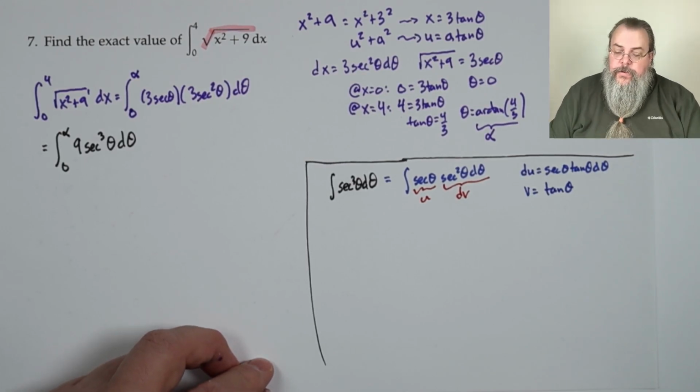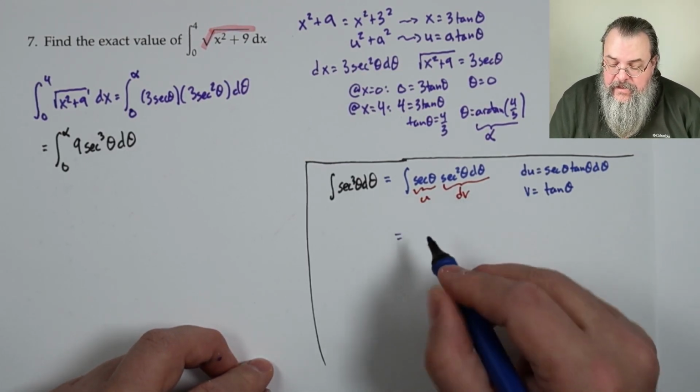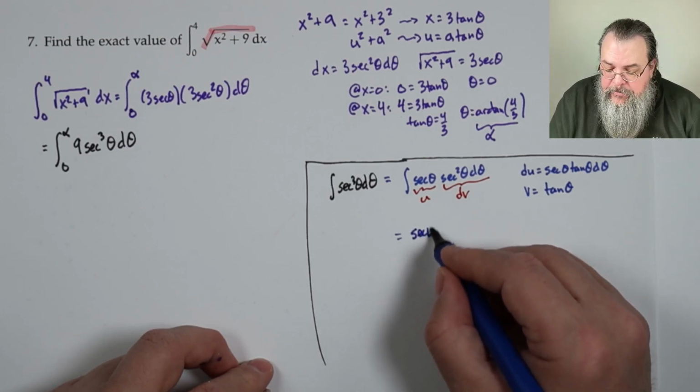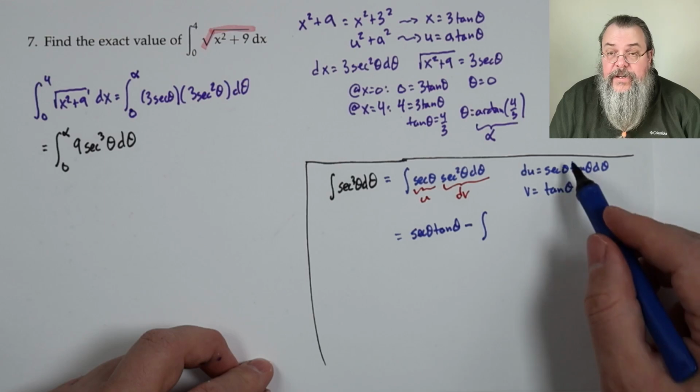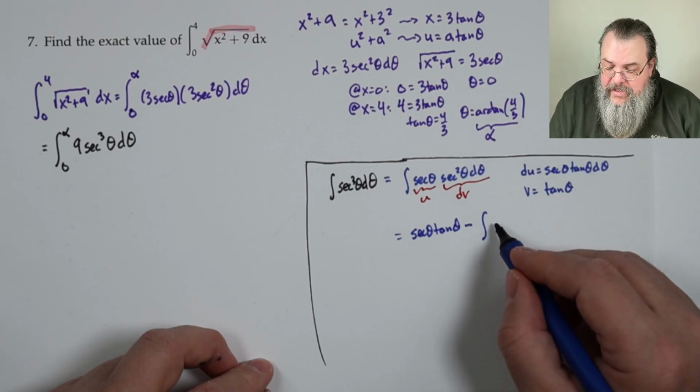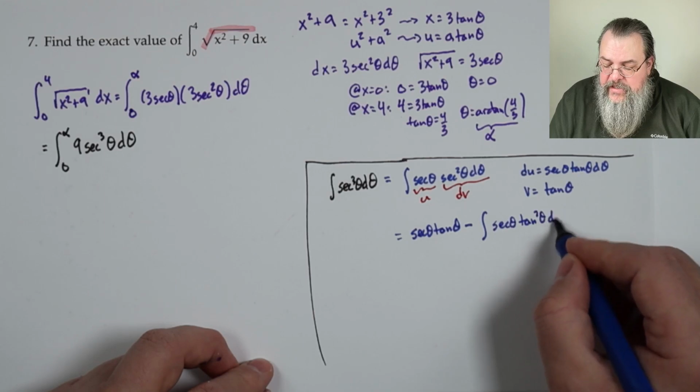So what do we have? Well, we have uv, secant theta tangent theta, minus the integral of v du. So we have secant theta tangent squared theta d theta.